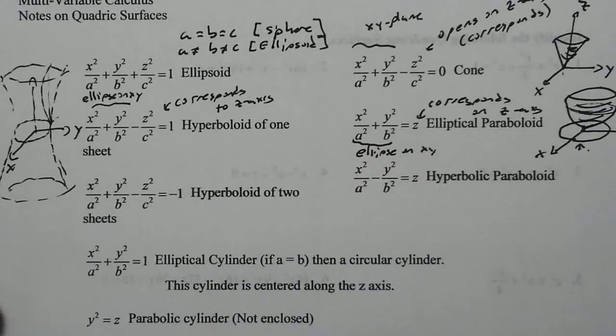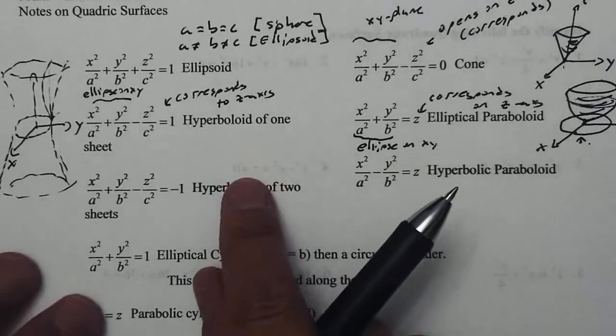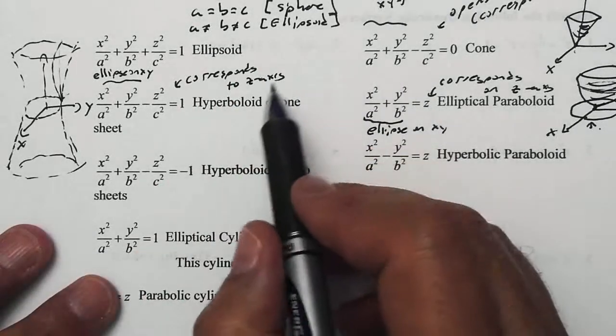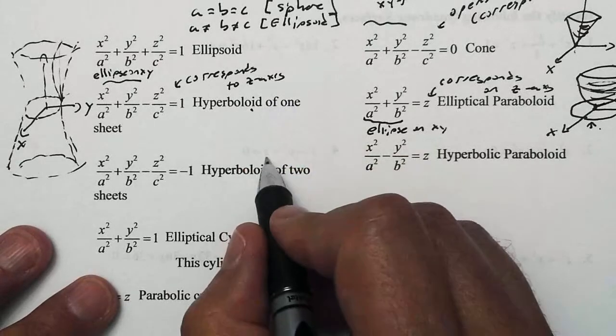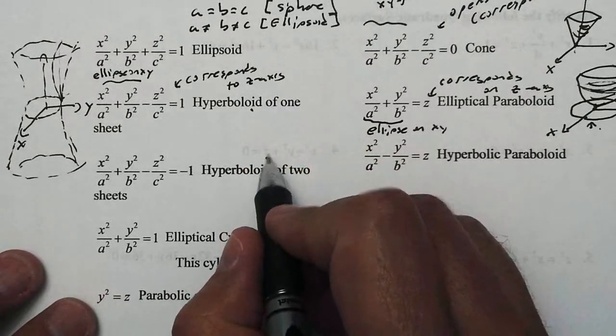Next we have what's called a hyperboloid of two sheets. Now notice the difference between a hyperboloid of one sheet and a hyperboloid of two sheets.